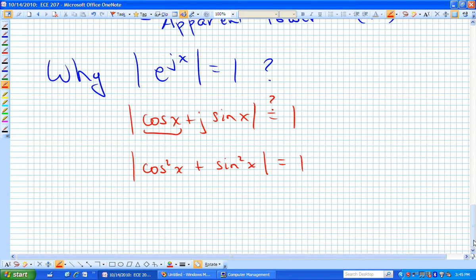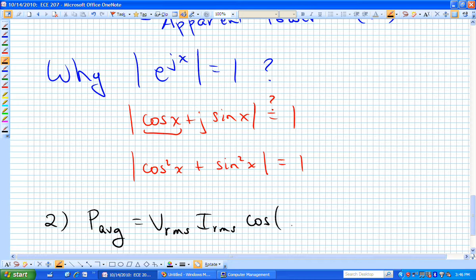We also have average power. And that's the real part of this complex power. Meaning we take the magnitude of the voltage, magnitude of the current, and scale that by cosine of theta sub v minus theta sub I. That has units of watts.